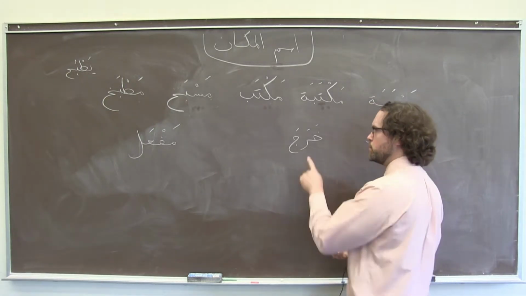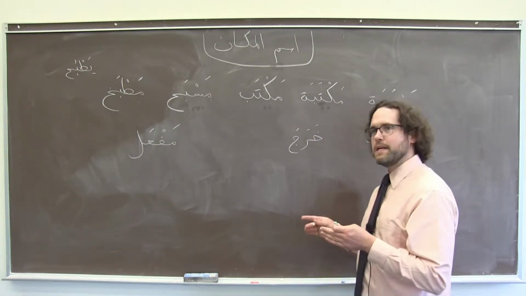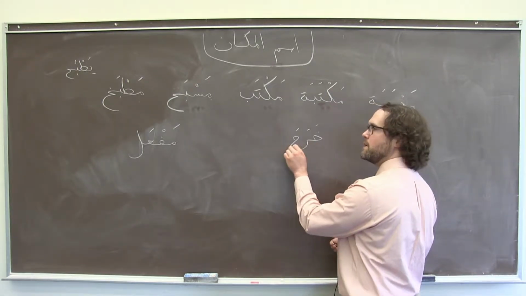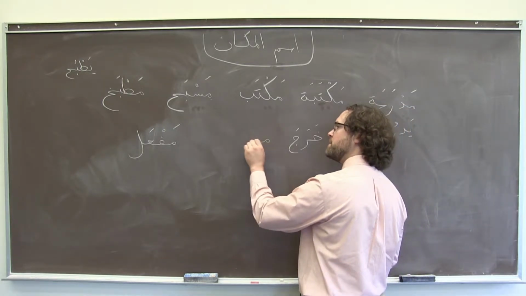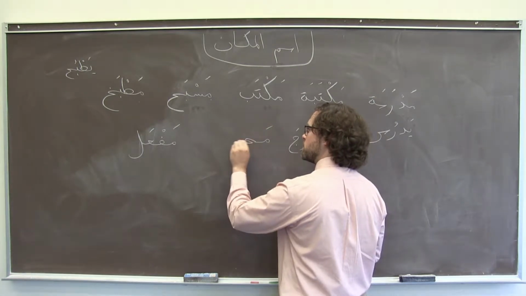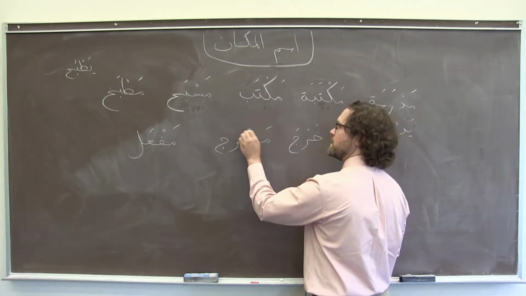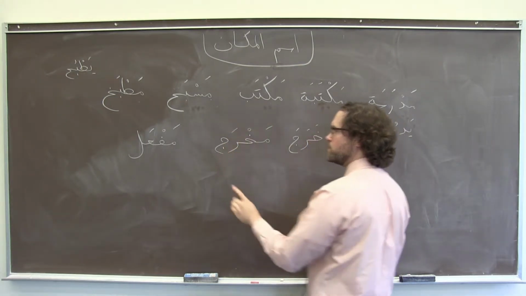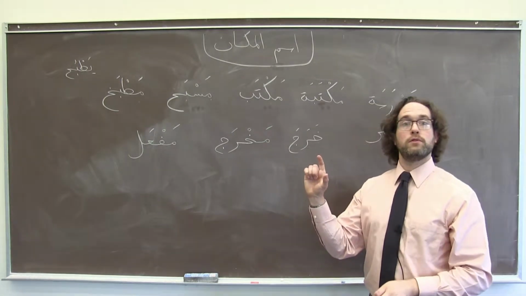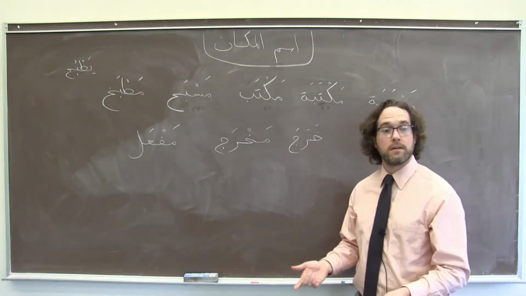So if we wanted to put kharaja into the same pattern and create a word that means a place of leaving, an exit, we would keep the three letters of the jadr, add a meem at the beginning with a fatha over it, make sure to keep that sukoon there. It's going to be 2 syllables, and we wind up with makhraj, which is the word that you see written over doors in public places throughout the Arab world, meaning an exit, a place of leaving.